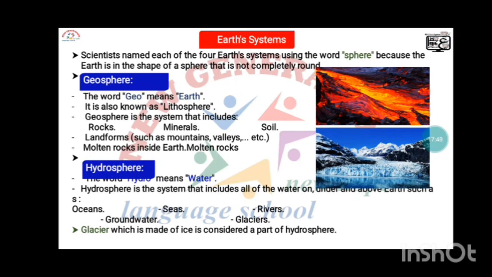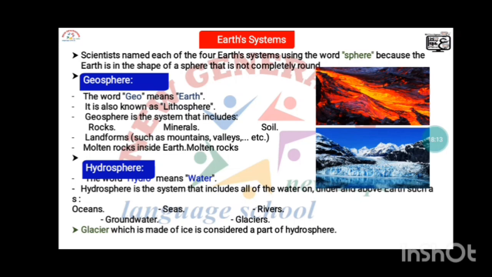Because the Earth is in the shape of a sphere that is not completely round.